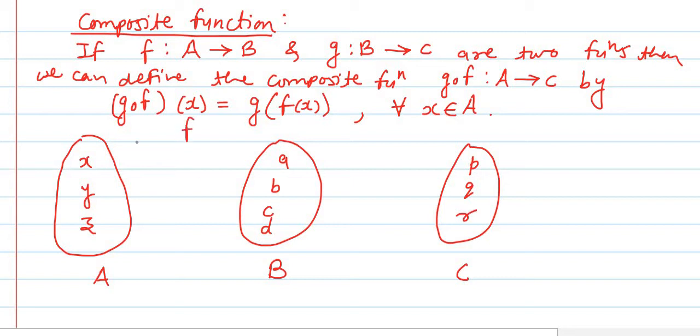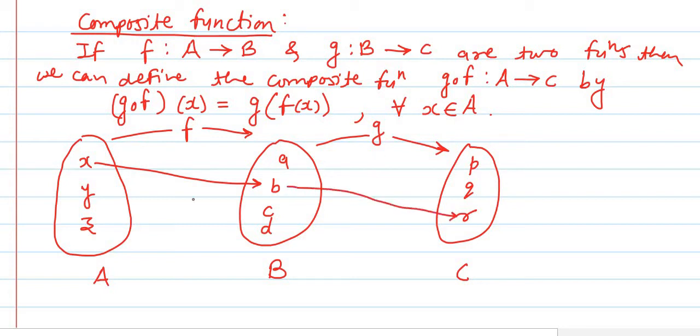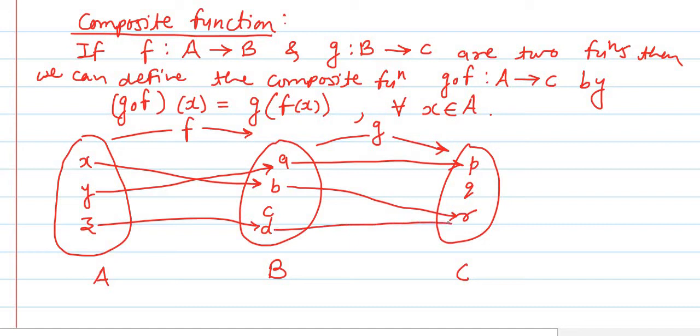If f is a mapping from set A to set B and g is a mapping from set B to set C, suppose that under the mapping f, the image of x is b, and under the mapping g, the image of b is r. Next, under the mapping f, the image of y is a, and under g, the image of a is p. And if the image of z is d under f and the image of d is r, this can happen.